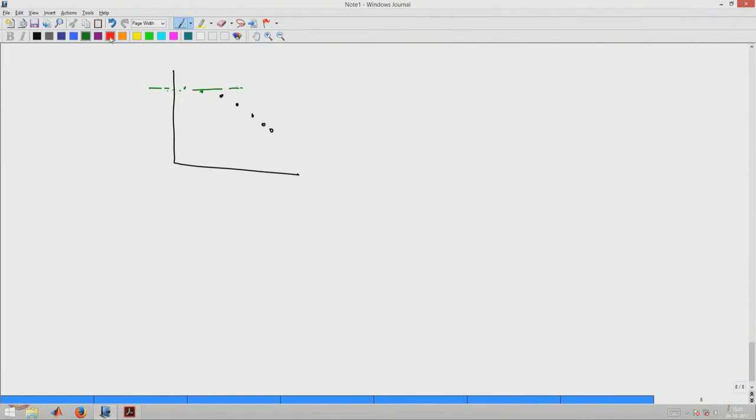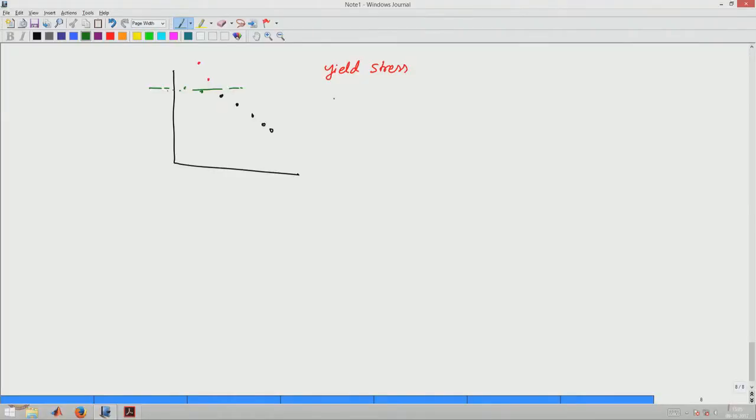But if the data points are like this, right, then you say that okay, in this case there is no zero shear viscosity, and then we will see that this kind of material is more likely to be a yield stress kind of material, which is a different class of behavior which we have not discussed in the lectures so far. While the green data hint at a Newtonian plateau.